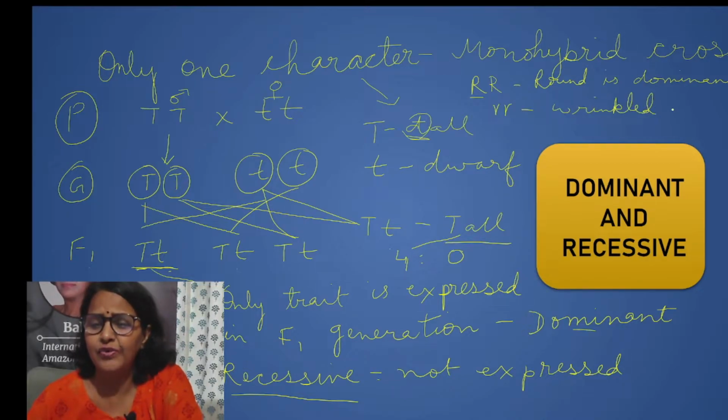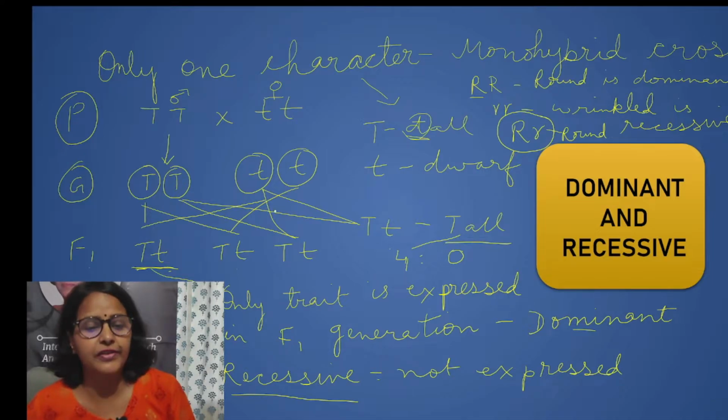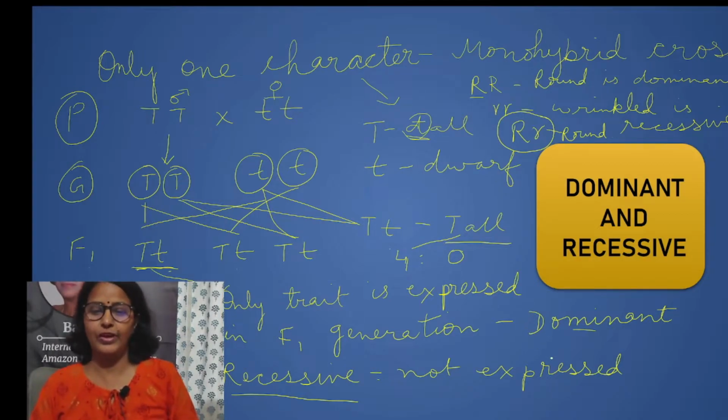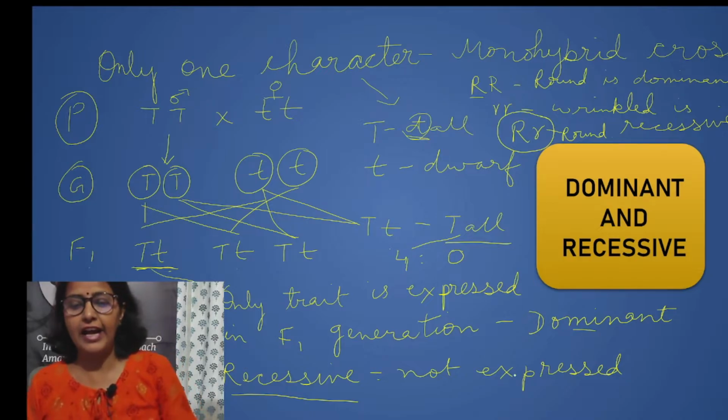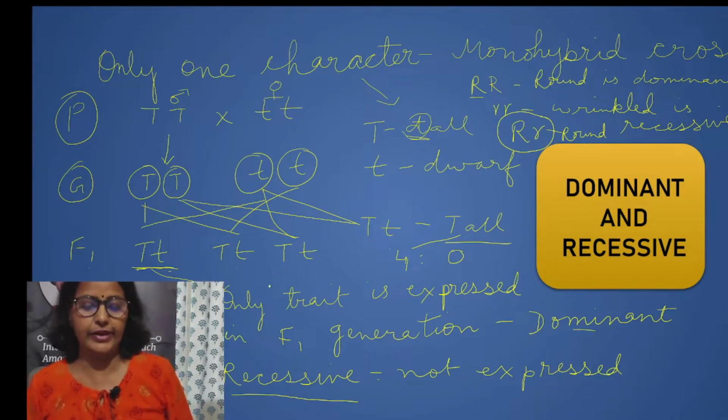So when we have a heterozygous gene, round will be expressed, right? So this is for when we are considering one character. Only the dominant is expressed, only one trait is expressed, and that is known as dominant. Wherever we have a heterozygous gene, only the dominant will be expressed, the recessive will not be expressed.